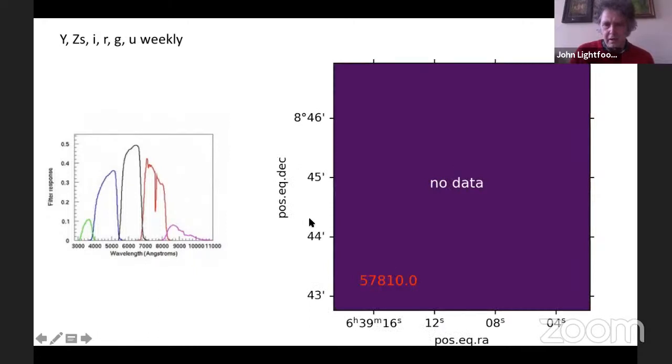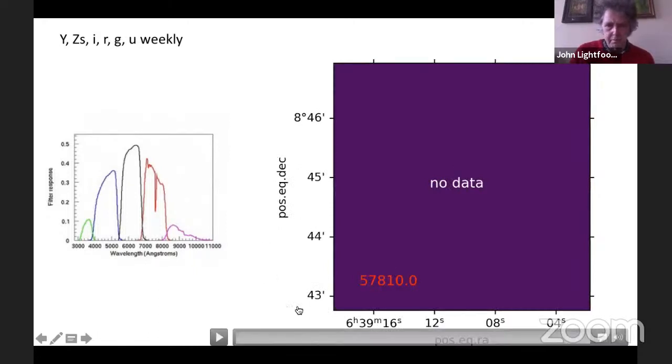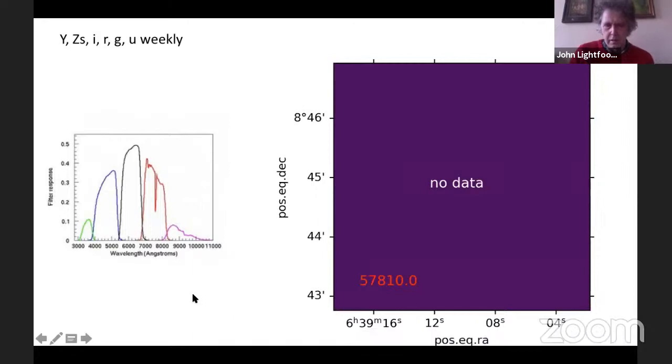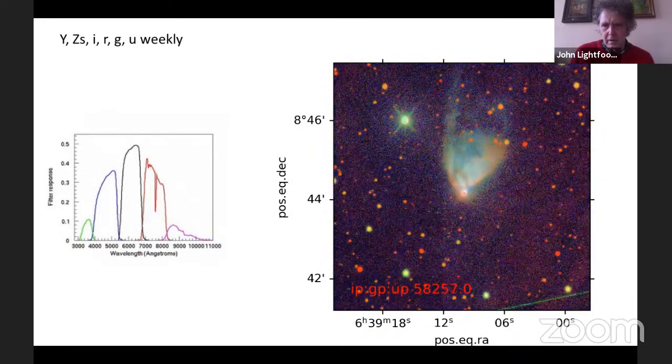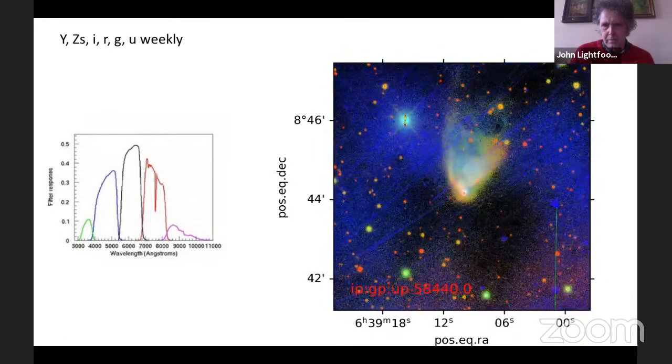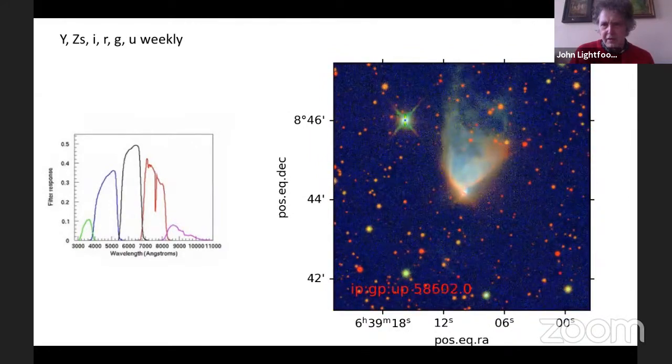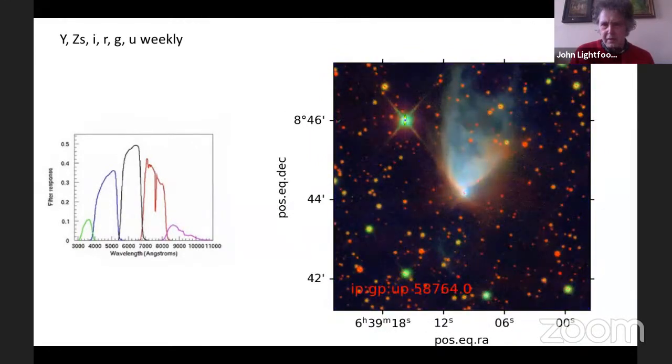So I've tried to make a color film of the nebula variations. Things go a lot faster because there's only one set of data per week at most.